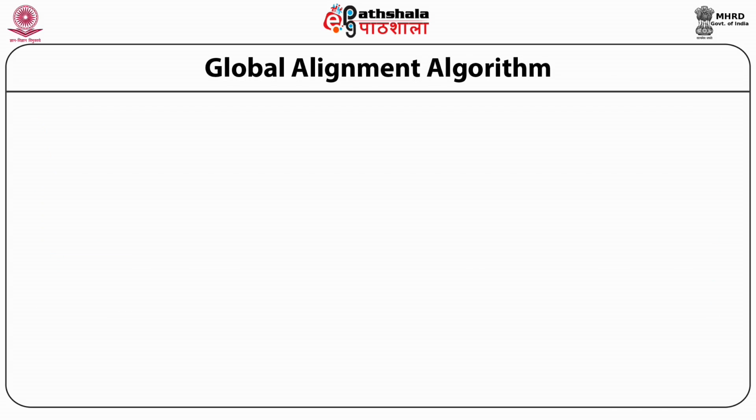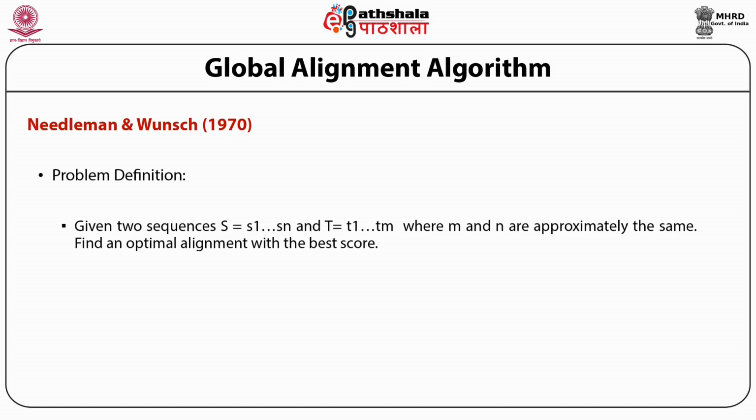This was first proposed by Needleman and Wunsch in 1970. Again, let me repeat the problem definition: there are two sequences, S starting from position S1 up to Sn, and a sequence T starting at position T1 ending at position Tm. Now, m and n are approximately the same; they can't be too different from each other.